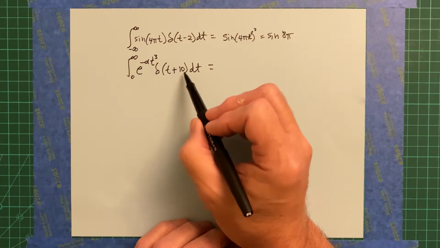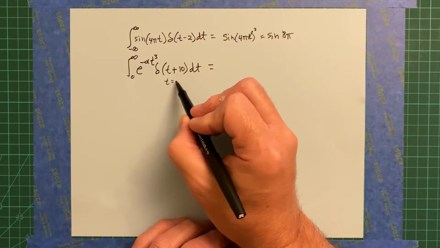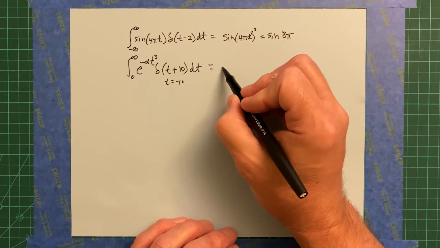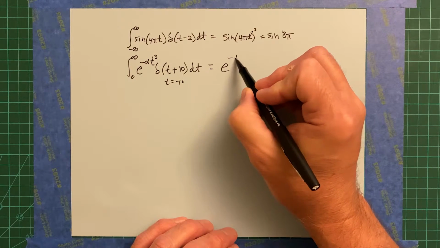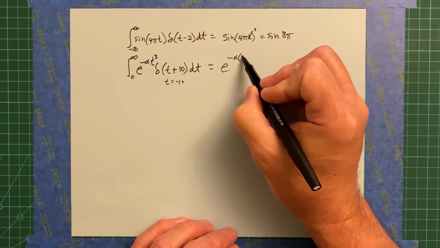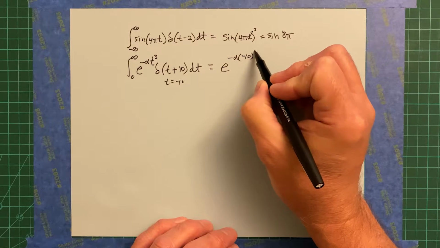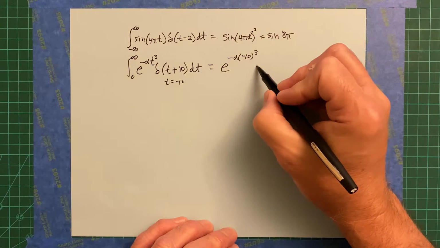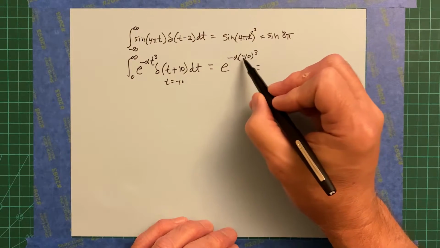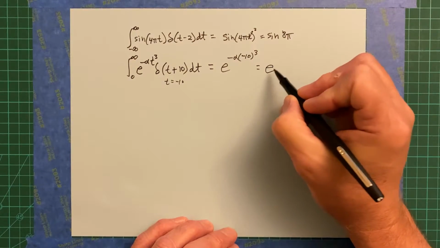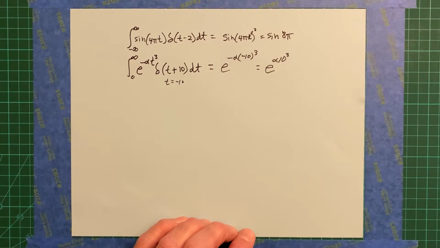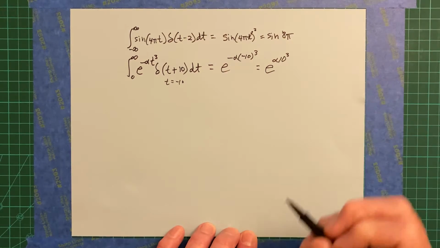So when is that 0? At t equals negative 10. Okay, so we need to know that this is going to be e to the negative alpha times negative 10 cubed, like that. And the negatives are going to cancel each other, so this is just going to be e to the alpha times 10 cubed. Okay, so there's our answer for that one.